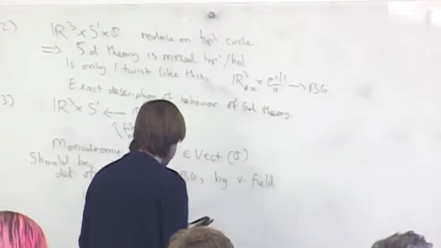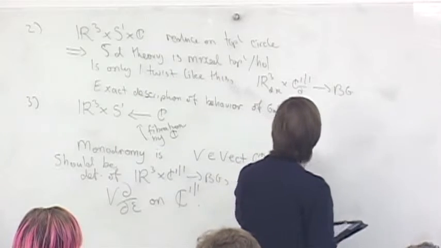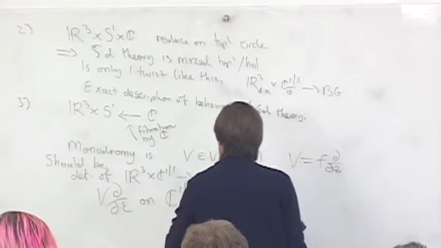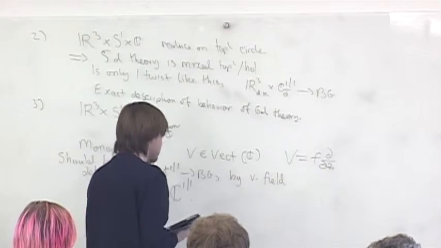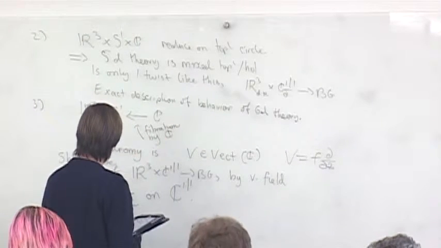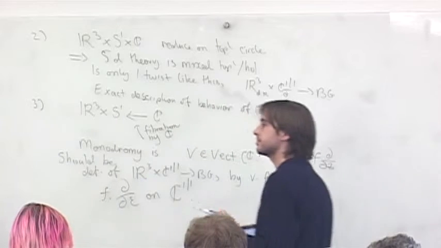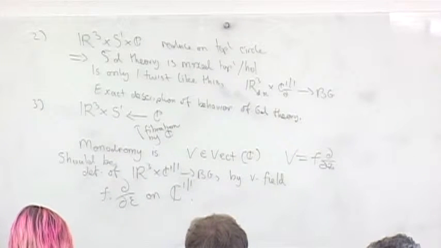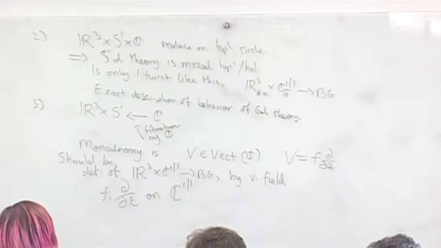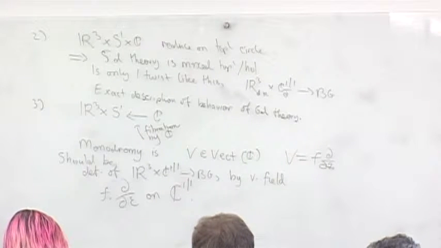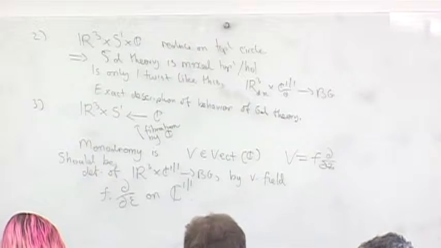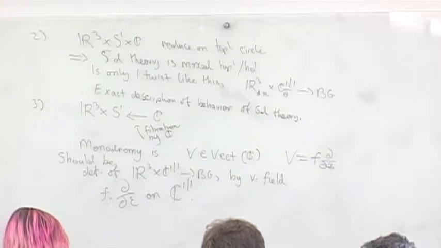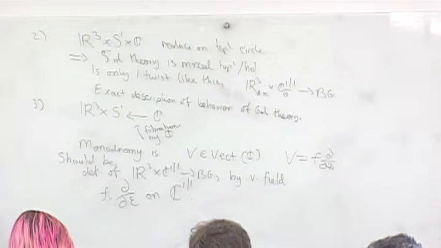I think it's if V is some function times d by dz, then this will be f d by d epsilon, with supercharge d by d epsilon.